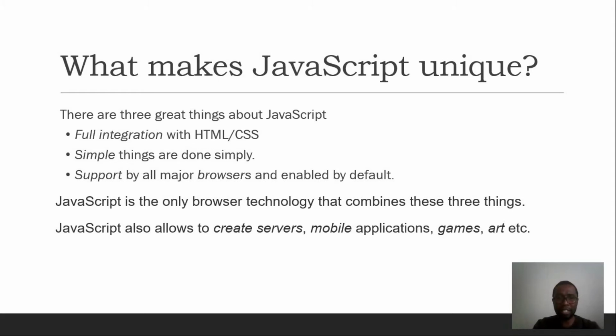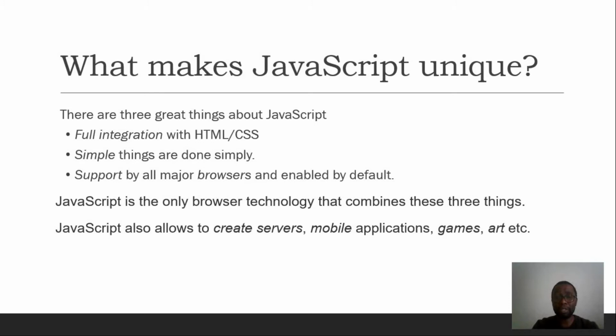JavaScript is the only browser technology that combines all three things we talked about: full integration, simplicity, and support by all major browsers. So JavaScript is a very important browser technology. Finally, JavaScript also allows developers to create servers, mobile applications, games, art, and many other applications.